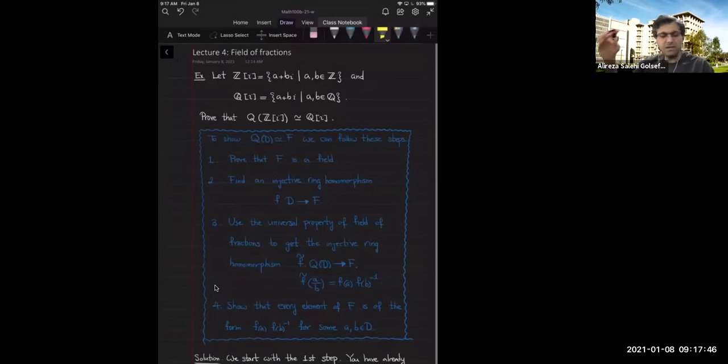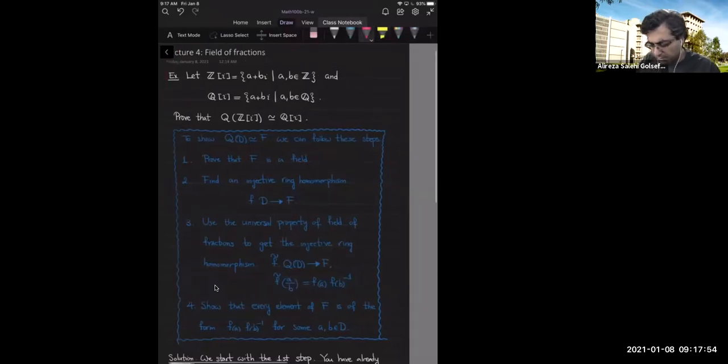You've seen this kind of question before. I'm assuming that you remember that both of them are actually subrings of complex numbers. You know how to prove that.